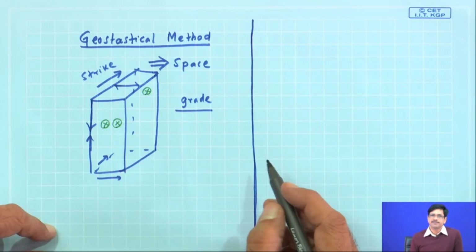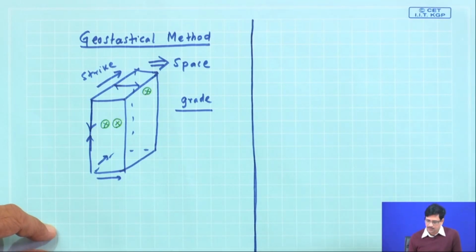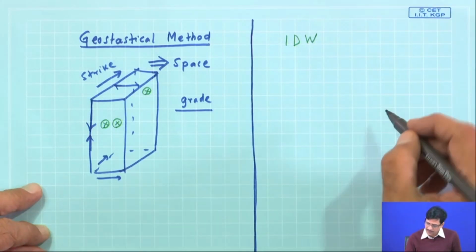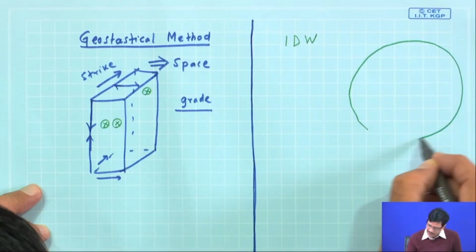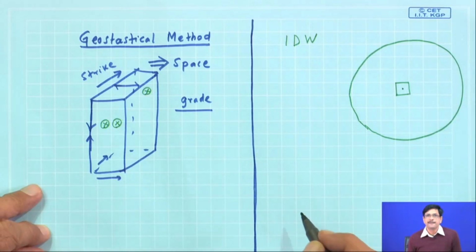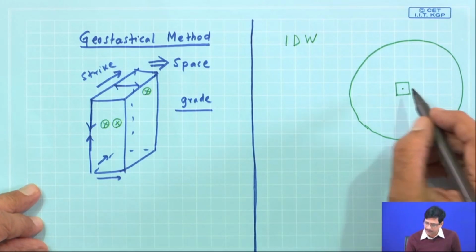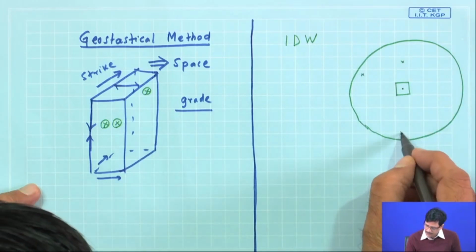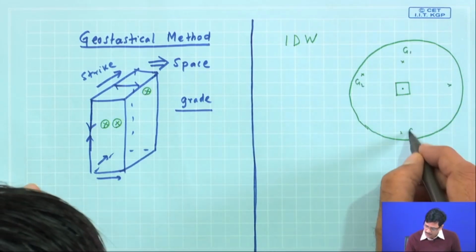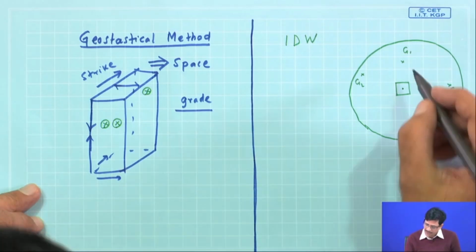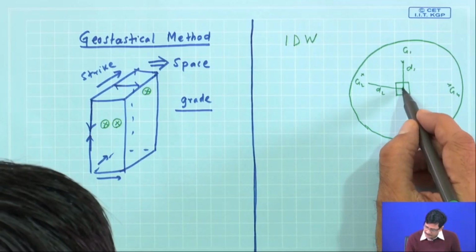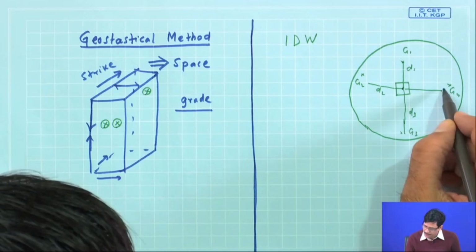In one of our procedures of estimation through the conventional method, the IDW, the inverse distance weighting method, we discussed having a block defined here, and we wanted to compute the grade at the center of this block with certain points where the grades are known. These points were denoted as G1, G2, G3, G4 and so on, at distances D1, D2, D3 and D4 likewise.